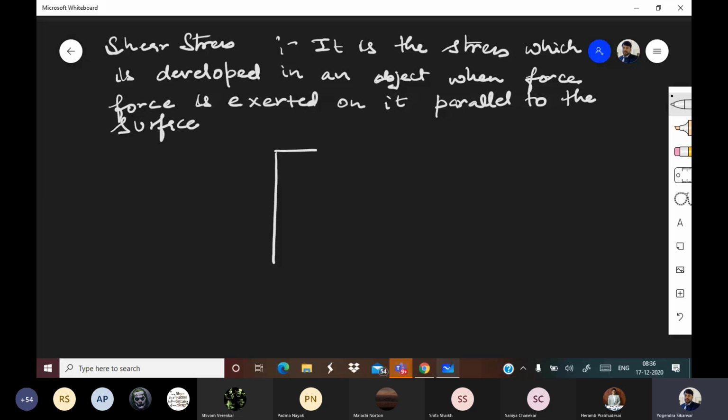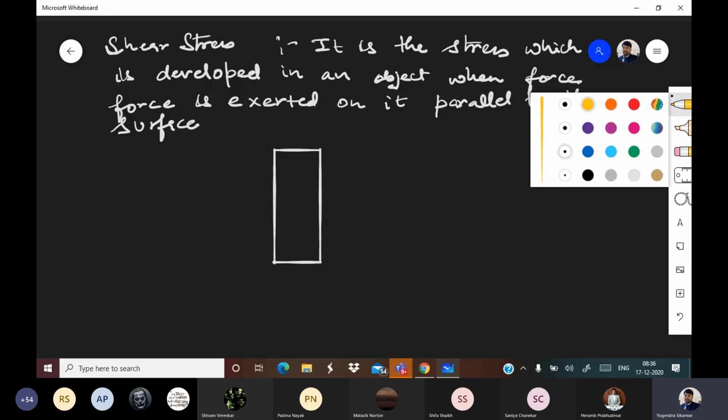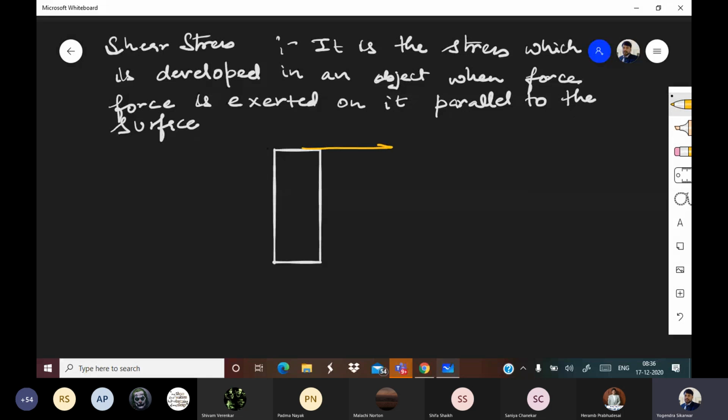Just to give you an example, suppose this is an object, and forces are exerted, one force in this direction, one force in this direction, so you can see that forces are parallel. Now due to these forces, the object will get deformed also.